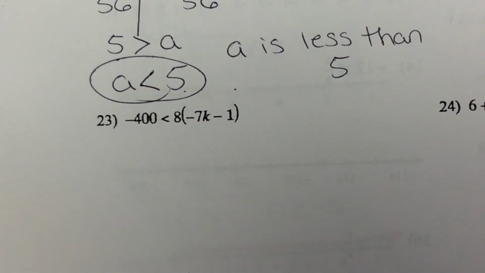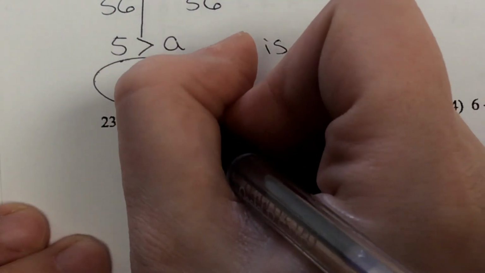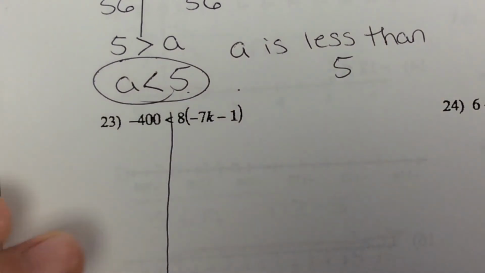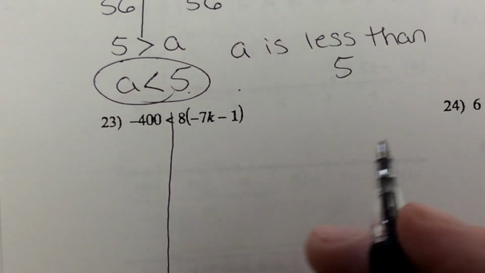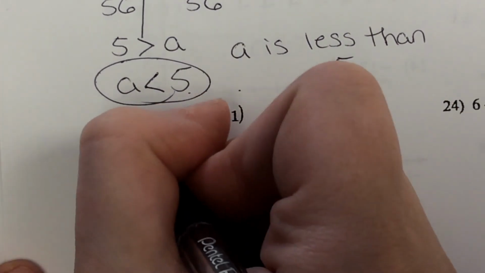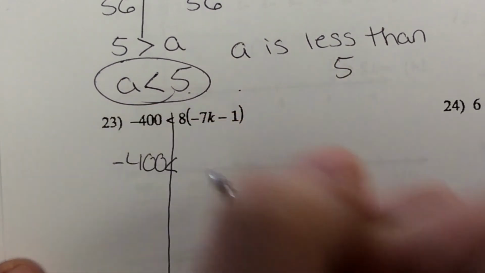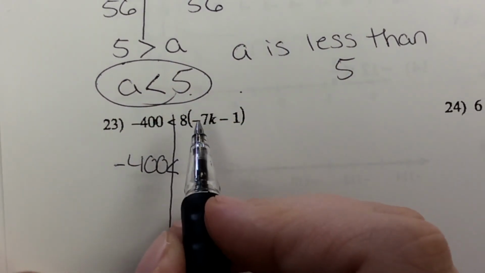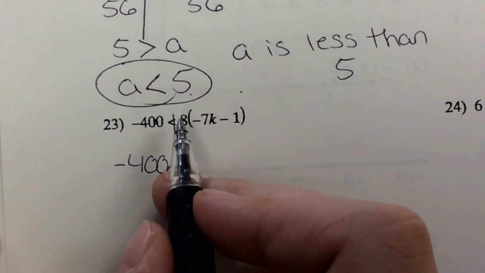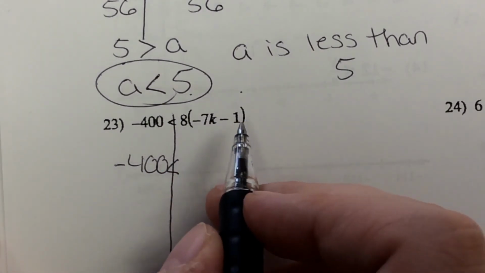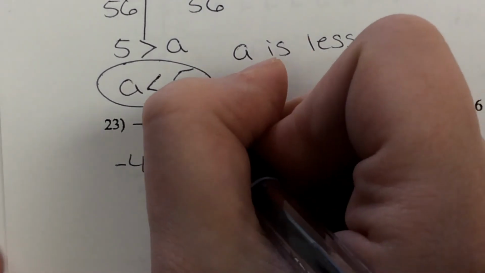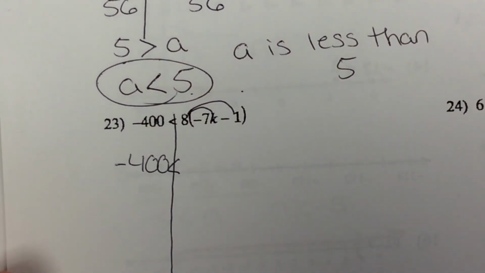All right, so let's get started with number 23. Let's draw a line down our equal sign, and we're going to have to distribute here. So we have negative 400 is less than 8 times negative 7k minus 1. Okay, when you see parentheses, always distribute.